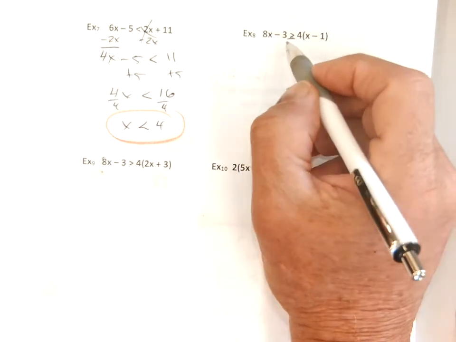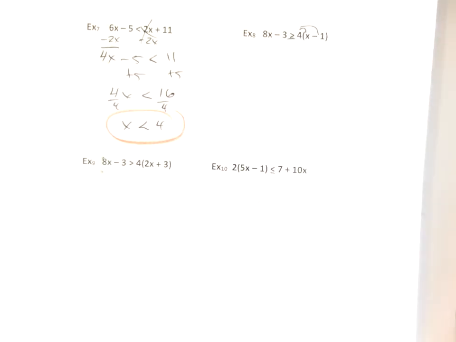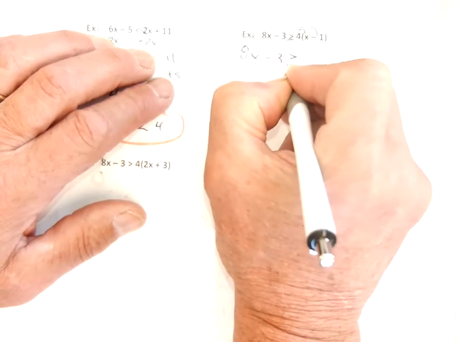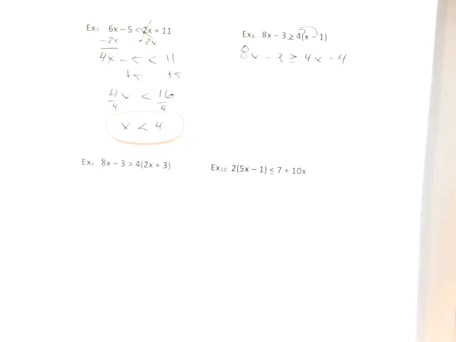Okay, number 8, let's distribute first. Tidy it up. 8x minus 3 greater than or equal to 4x minus 4. Okay, which x do you want to get rid of? Small one. So which should we get rid of? 4x.